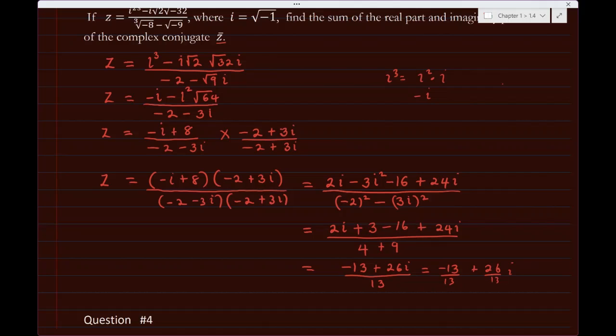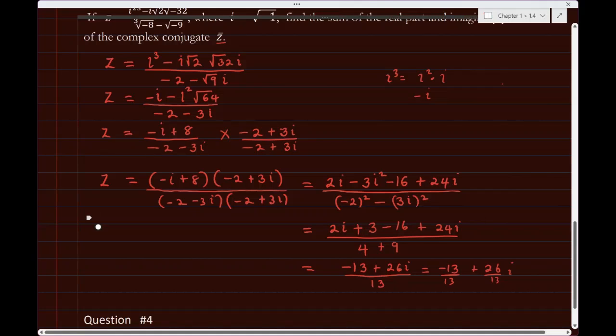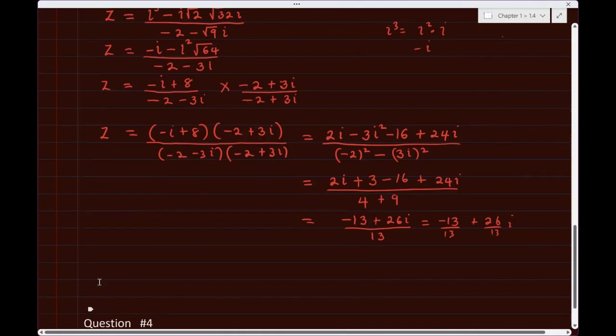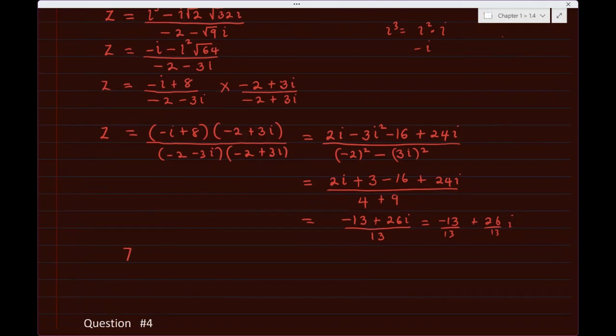All right. Now we're still working with z. So what is z? When you divide this, what do we get? We'll get minus 1 plus 2i.